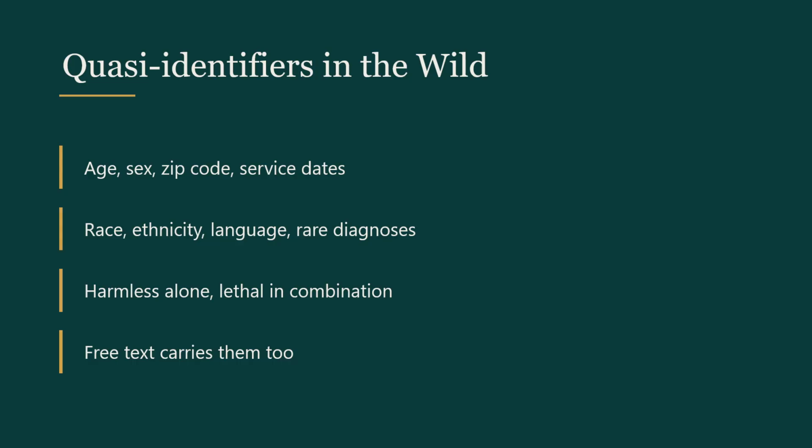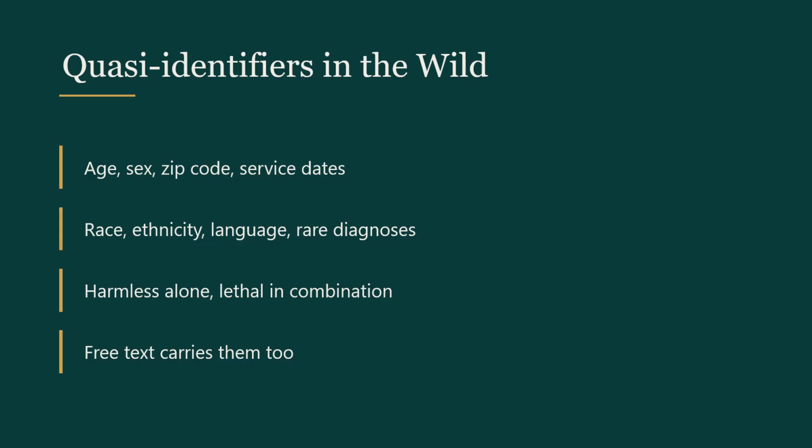Geography deserves the same care because zip code is only the obvious form. Census block, latitude and longitude, distance to the treating facility, and even drive time from home all encode location. Language and ethnicity deserve care because in a homogeneous service area, a single uncommon value can be nearly unique on its own.